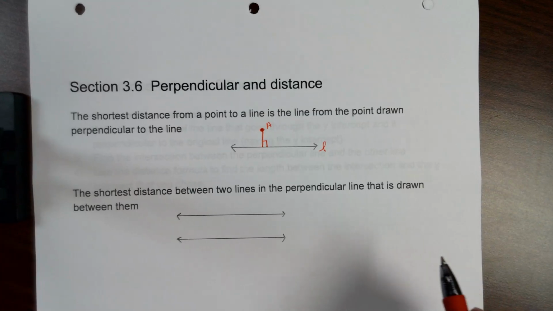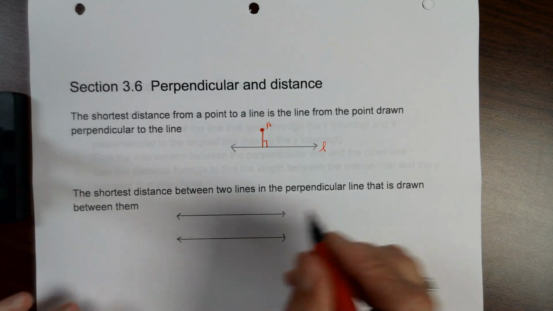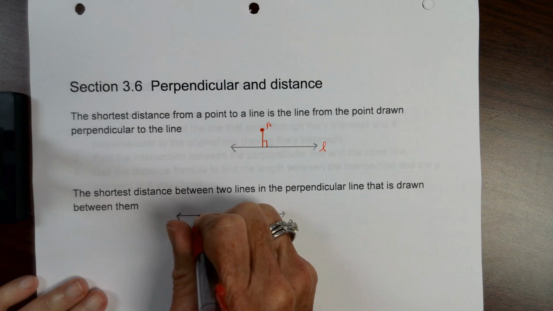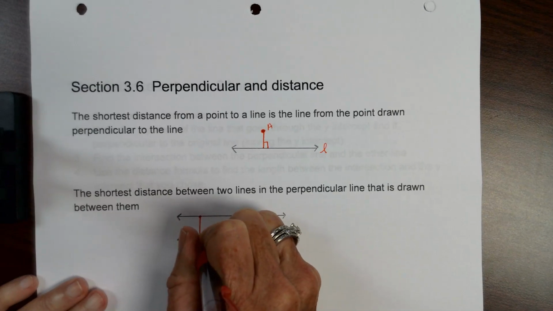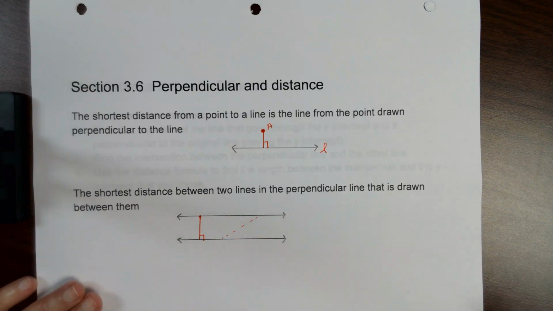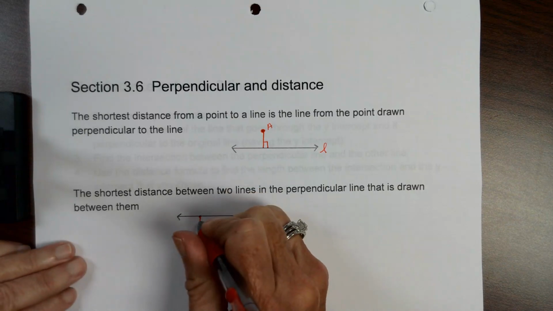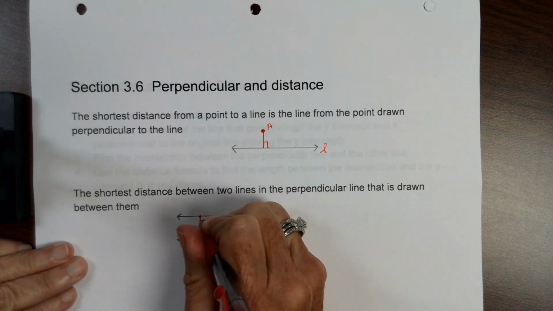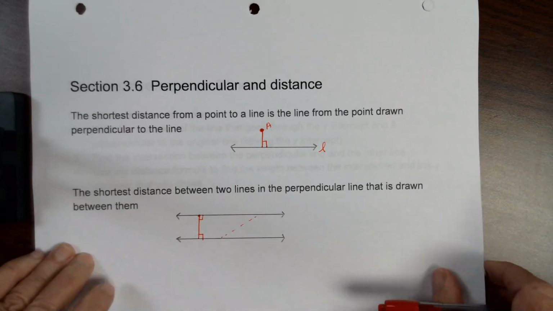The shortest distance between two lines is going to be the perpendicular line drawn between them. Obviously, you don't want to draw a line like that because that's not going to be the shortest distance. So it has to be perpendicular, and if these two are parallel, then it's actually perpendicular to both of them.